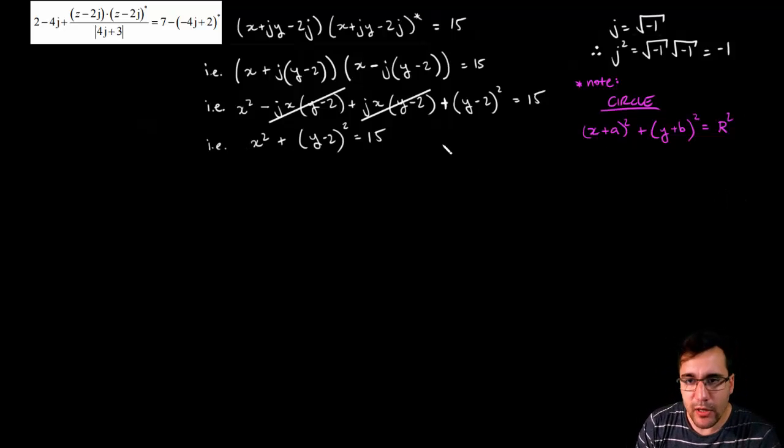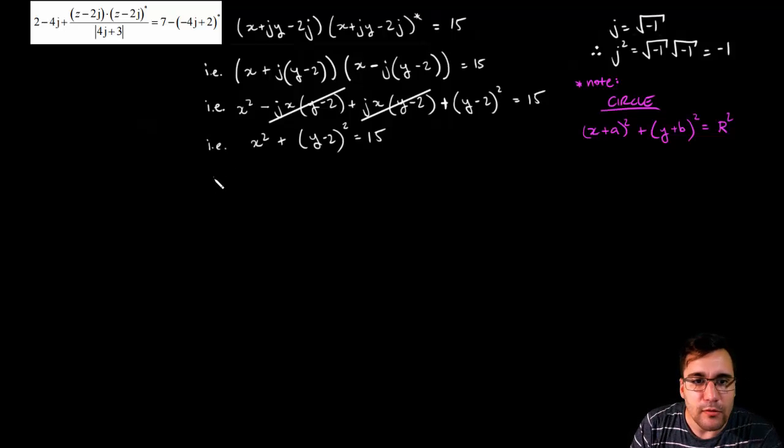Now, if we compare that to what we've got over here, we actually are pretty close to that. Like, if our a we say is 0, then that's just x squared. If, in our case, our b is -2, and our r squared is 15.